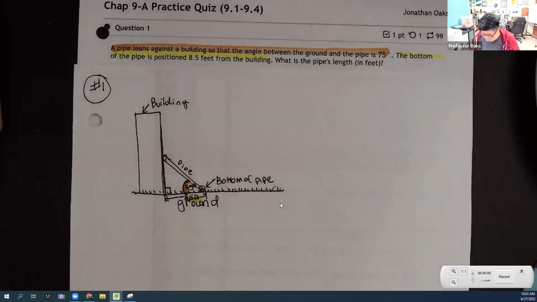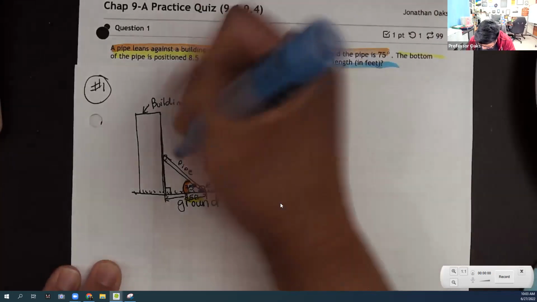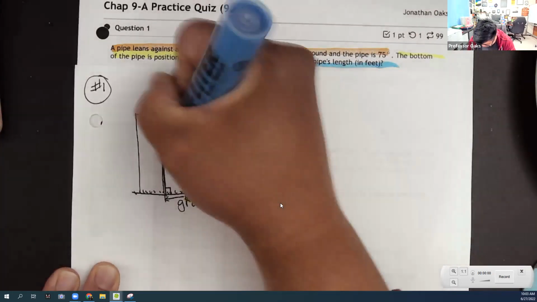Okay, so what is the pipe's length? They want you to find the length of the pipe.